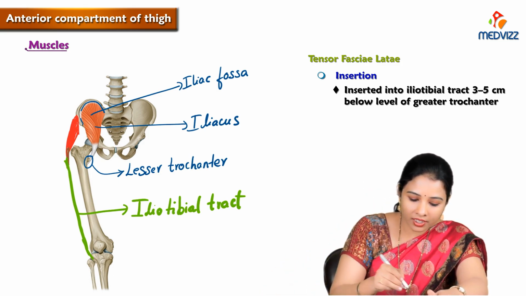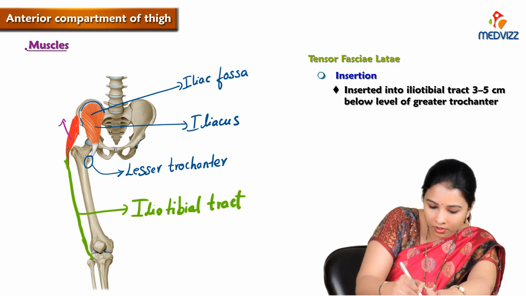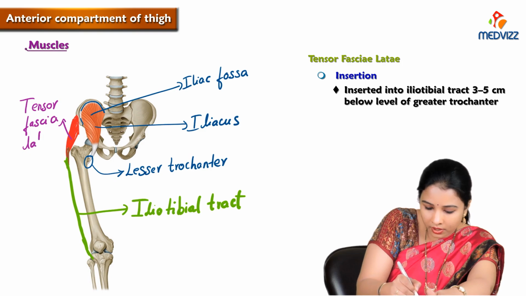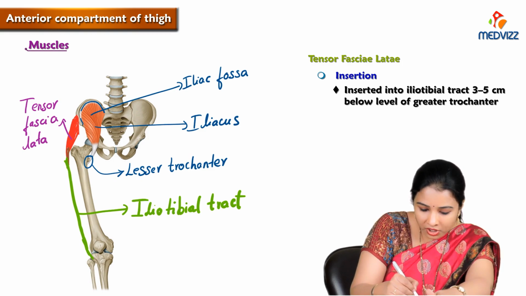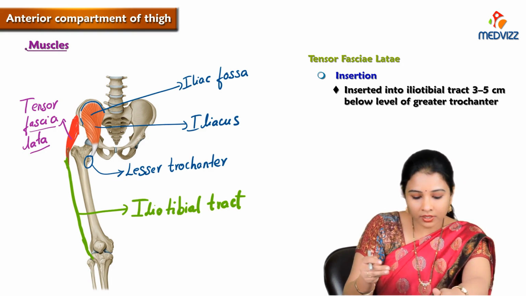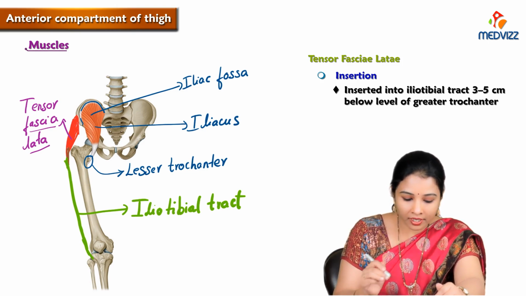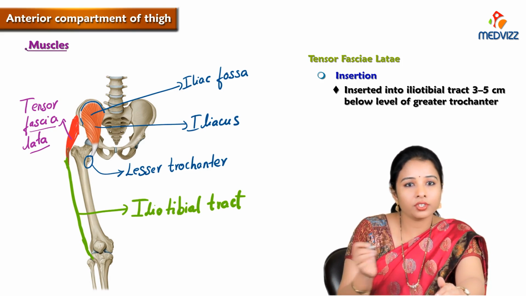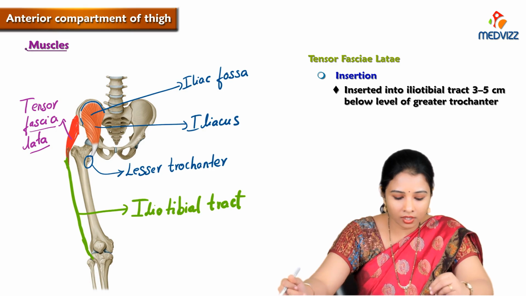So tensor fascia lata, TFL we can call it, inserts into the iliotibial tract, which is otherwise called fascia lata, that is nothing but the deep fascia of the thigh. It increases the tension of the iliotibial tract when it contracts. So it is tensor fascia lata. So this is actually a part of the gluteal muscles.